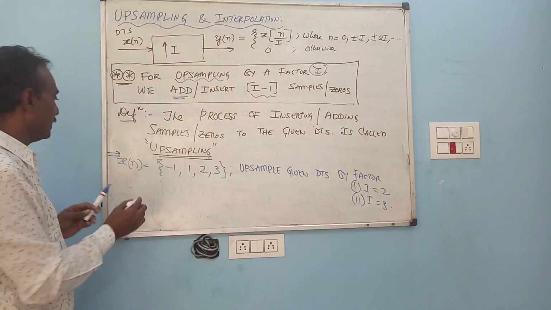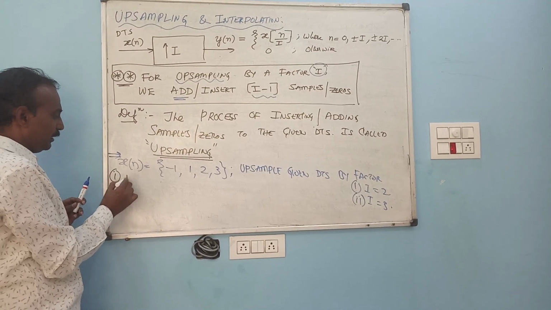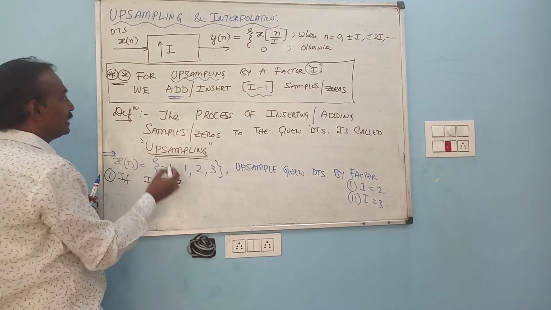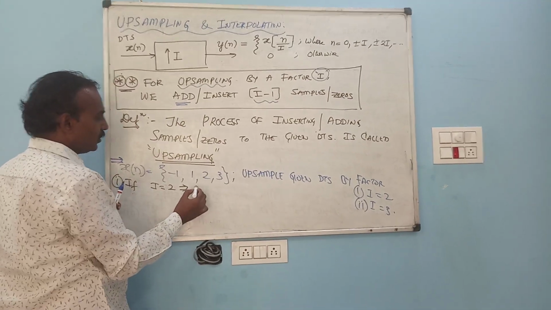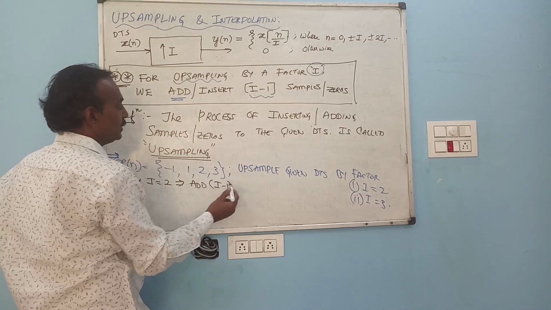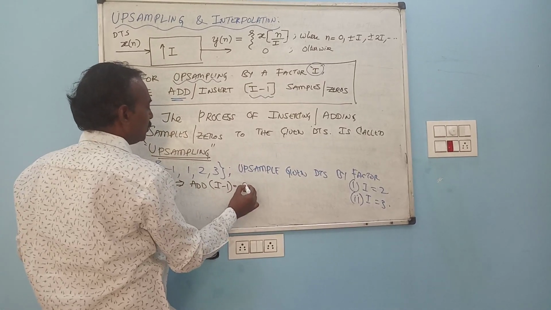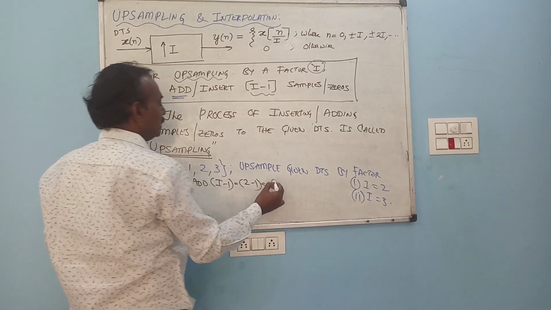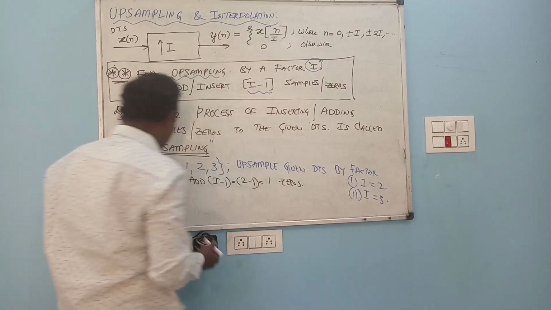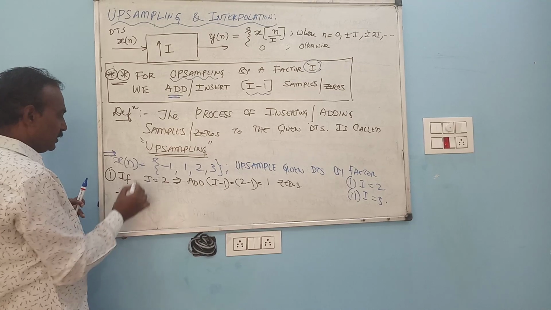So first, if I is equal to 2, what is the thumb rule we have seen? Add I minus 1, that is 2 minus 1, that is equal to 1 zero as samples.